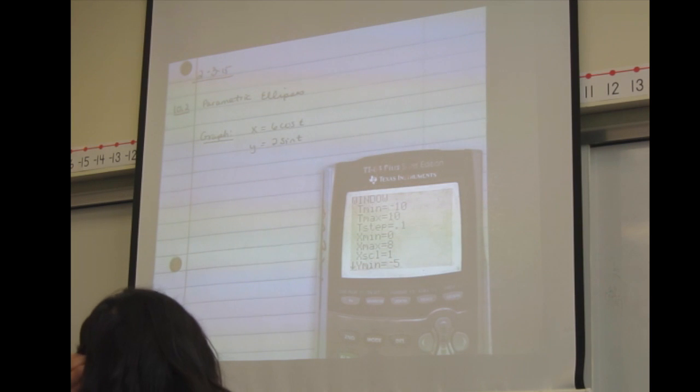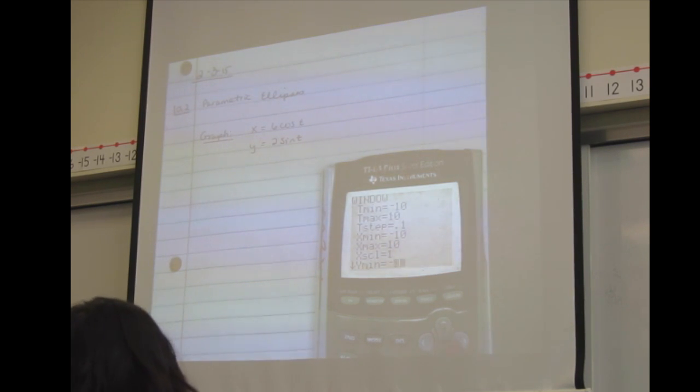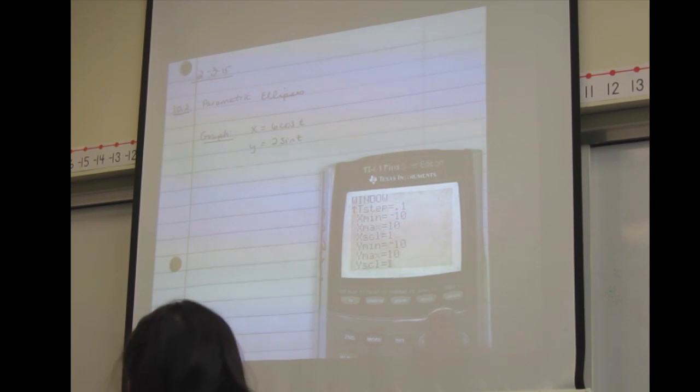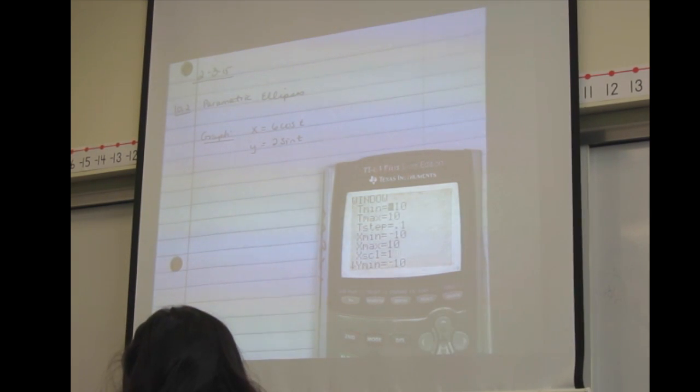What do you think the center might be? 0, 0. Okay. So it might be 0, 0. So let's go negative 10 to 10 on the x, negative 10 to 10 on the y. And now T min, T max.